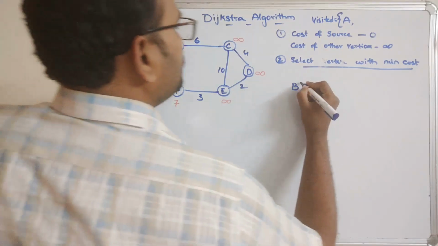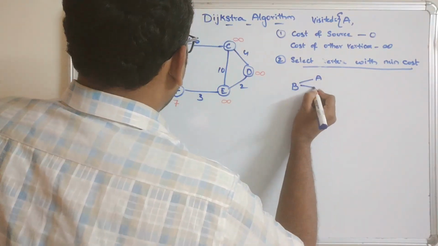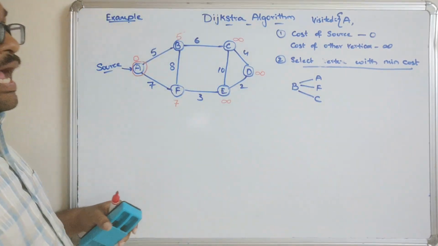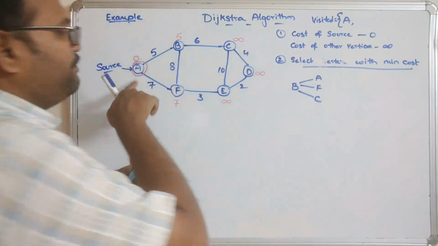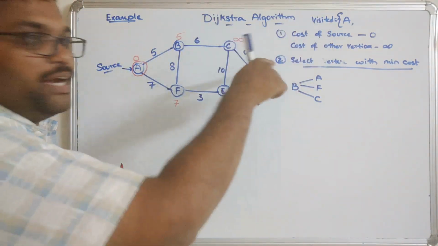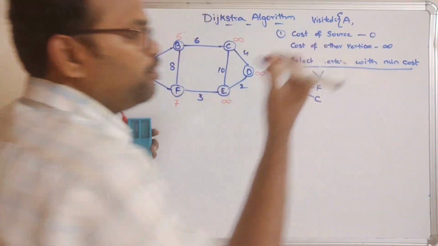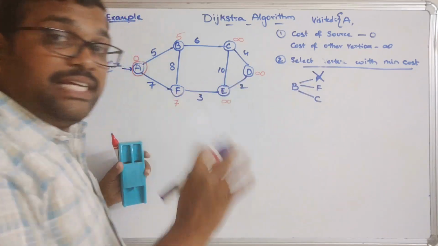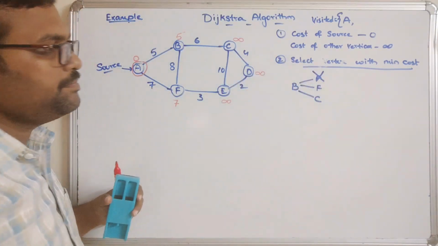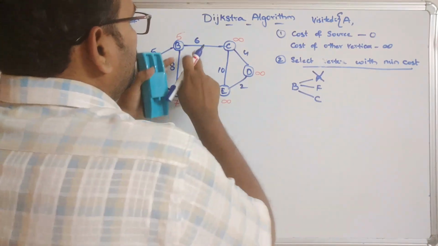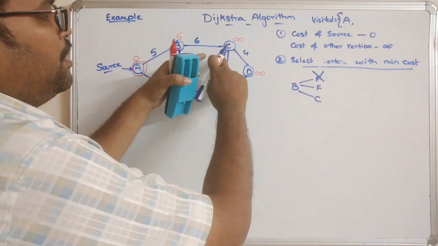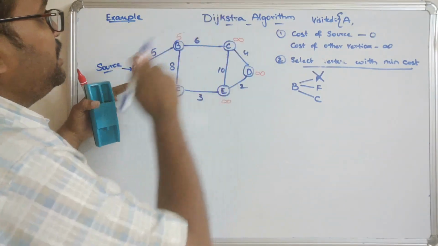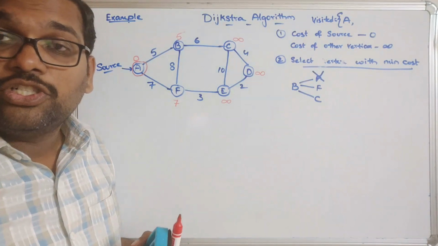What are the neighbors? One is A, another is F, another is C. You can observe A is already visited, so you need not bother about A. So we need to find the cost of the unvisited neighbors, F and C. What is C? The source here is A, so the name itself indicates it's a single source shortest path.